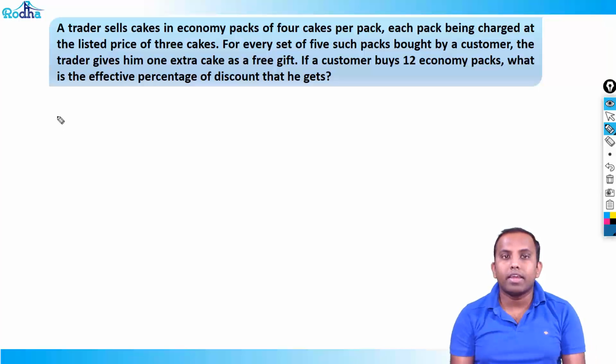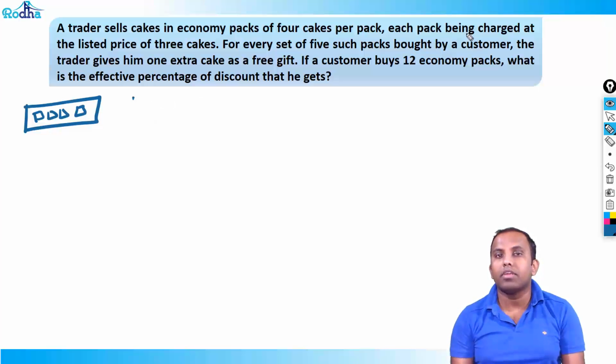A trader sells cakes in economy packs of 4 cakes per pack, right? So in one pack there's 4 cakes. So 1, 2, 3, 4. There are 4 cakes here, but the price is only for 3. But the listed price is being charged at only for 3 cakes. For only 3 cakes, right?